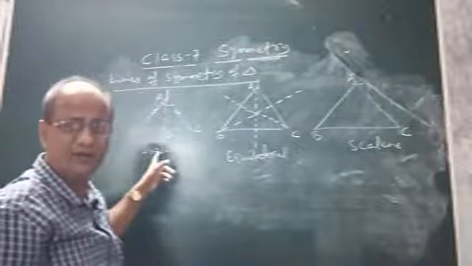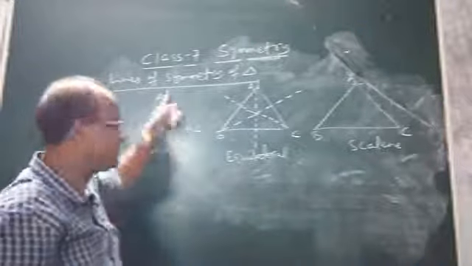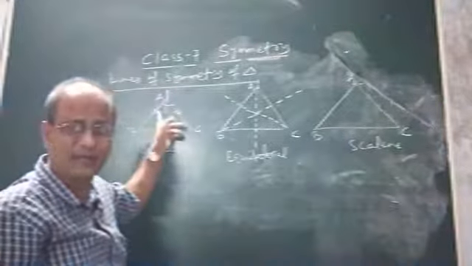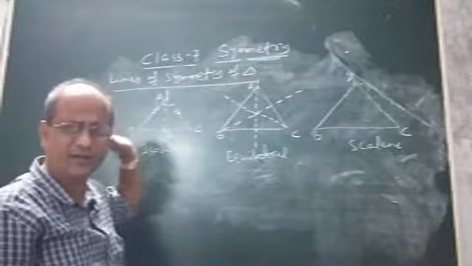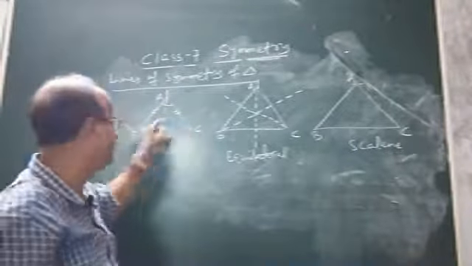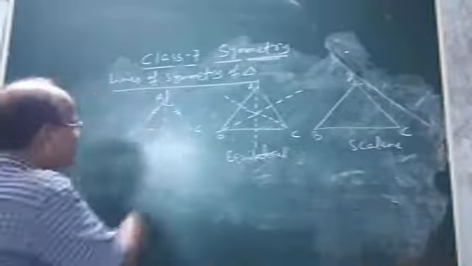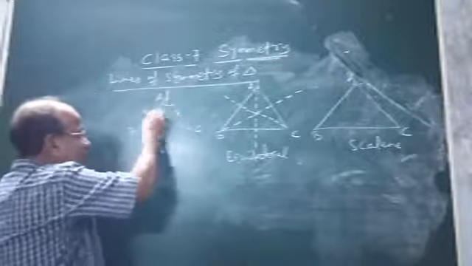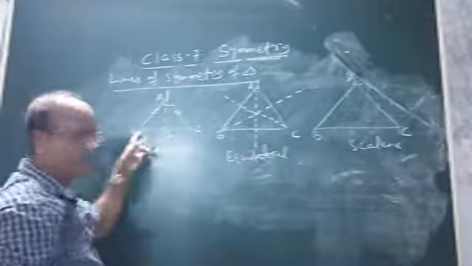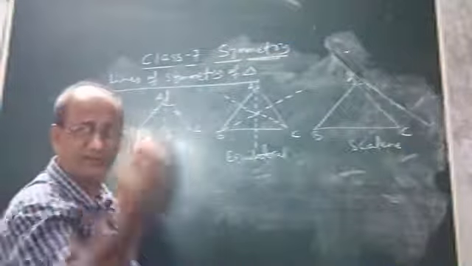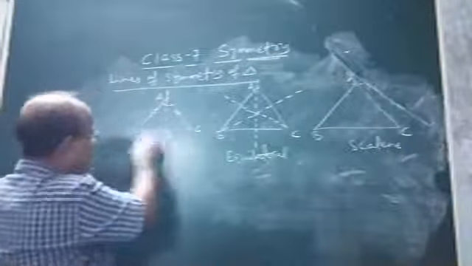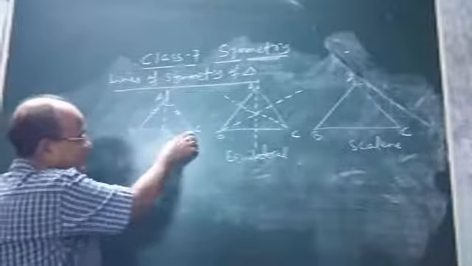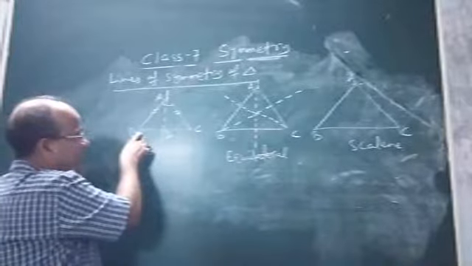AD is the dotted line, the bisector of vertical angle A in isosceles triangle ABC. About this line AD, if you fold triangle ADC and triangle ADB, you will be surprised to see that C will fall on B. See children, this C will coincide with B.